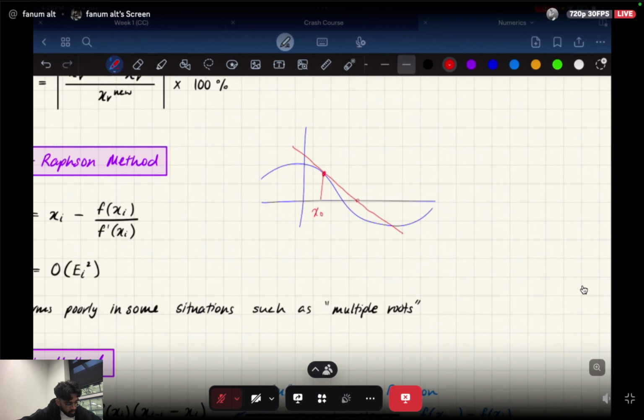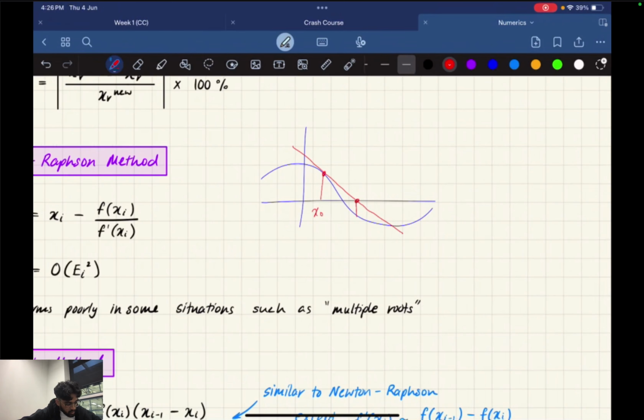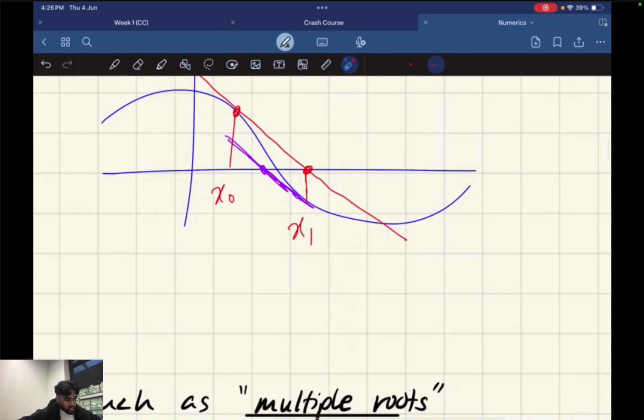So over here, where it crosses the x-intercept, x1. Then you're gonna make another tangent to the curve. And you keep doing that, and as you can see, from here to here to here, we're getting closer and closer to the actual root, which is this one here. So you keep iterating. MATLAB helps you iterate really fast, and you end up finding the root itself.